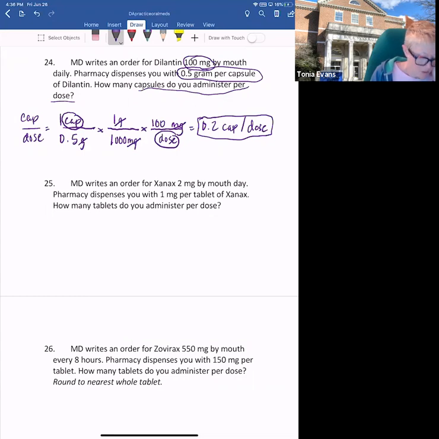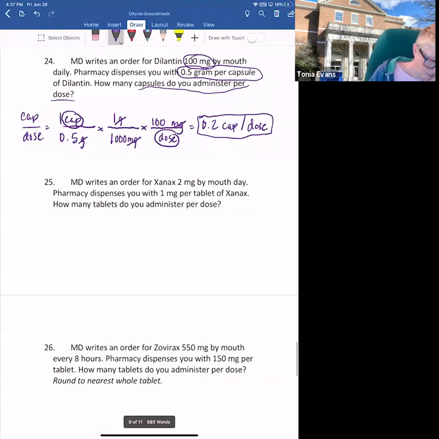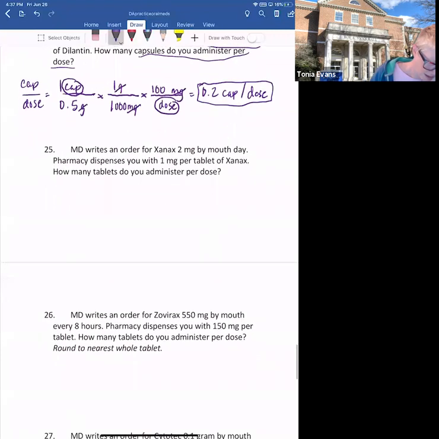If I got this order in actual practice and figured this math, I would be like, okay, this is wrong. So maybe my doc meant to order 1,000 milligrams daily. Maybe they wrote that wrong because this doesn't make any sense. So I will change that.